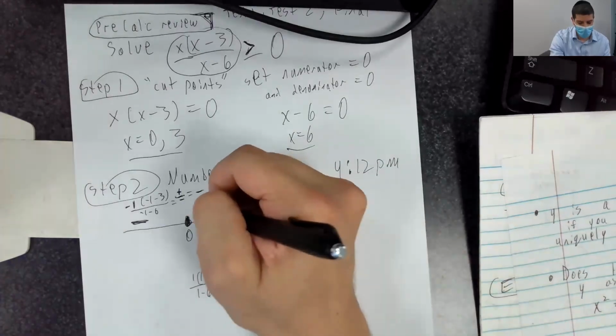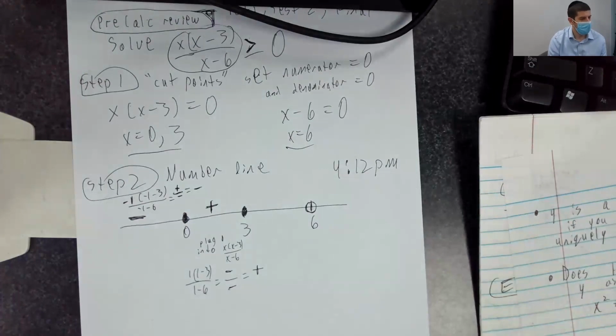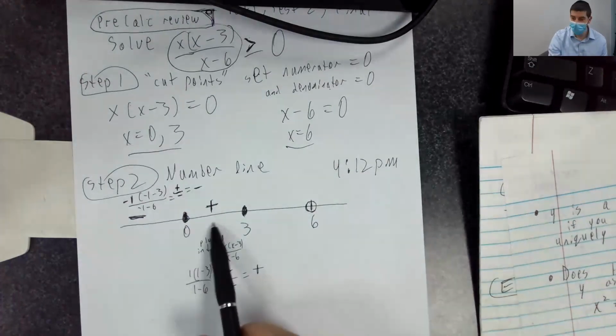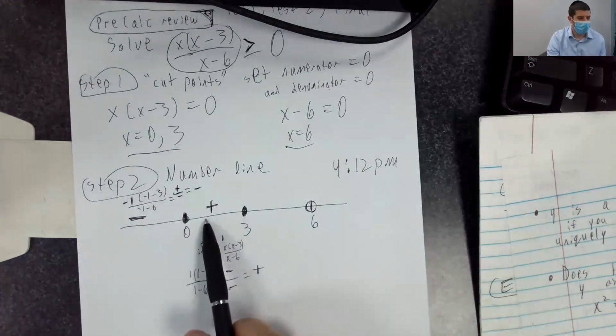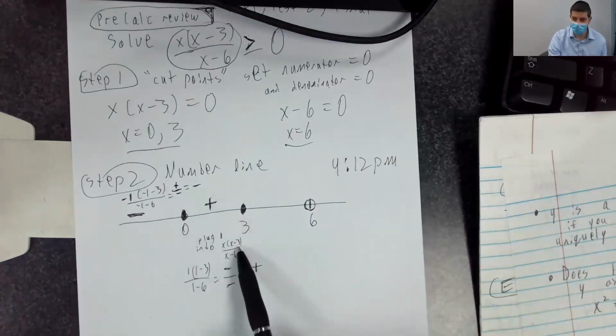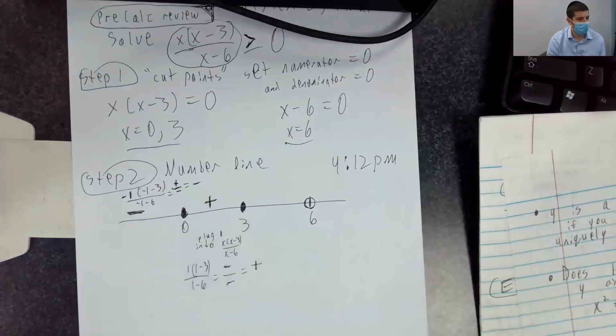So that means, since I already know my cut points, everything has to be positive here. Okay, just try it. Any number you plug in, cut point magic tells you that it'll be positive. That's the idea of the cut points. It cuts off where you can go from positive to negative.